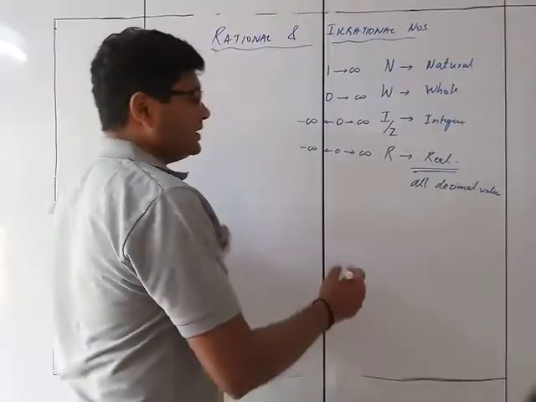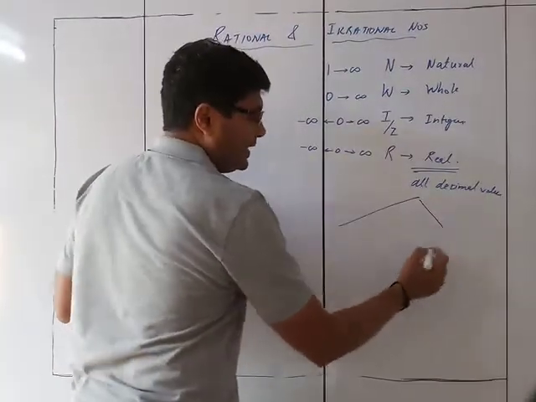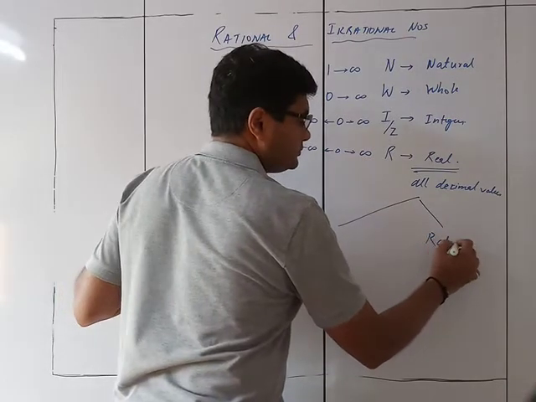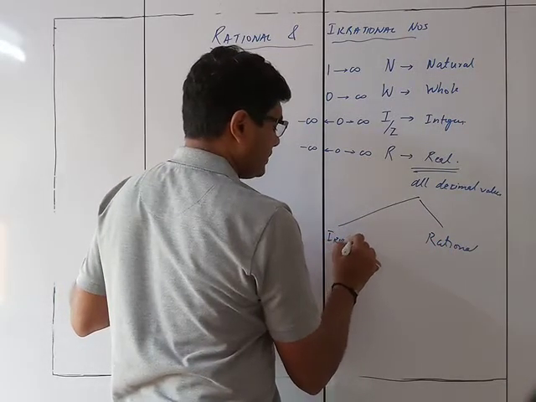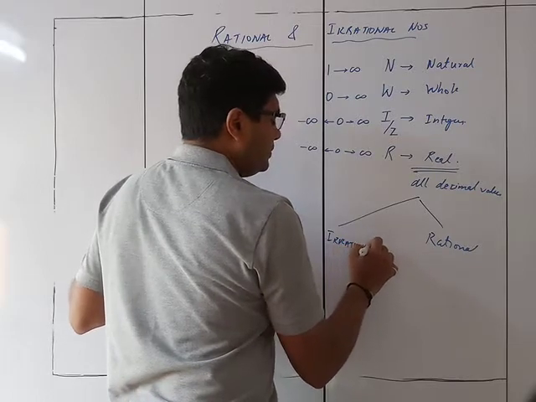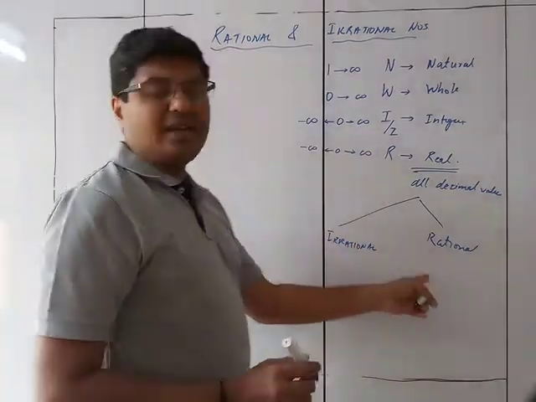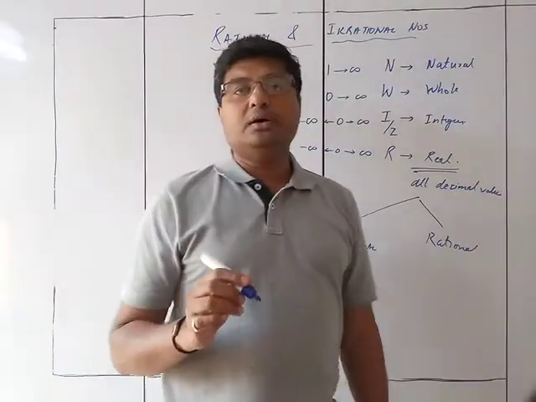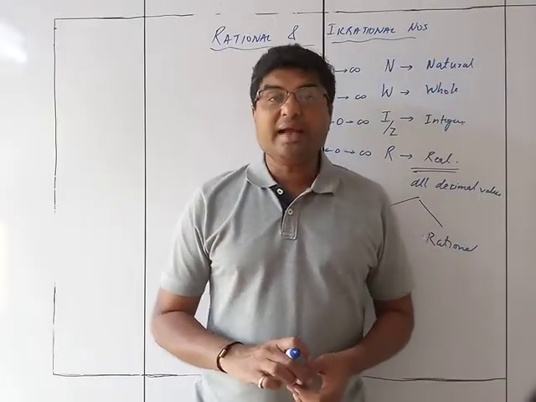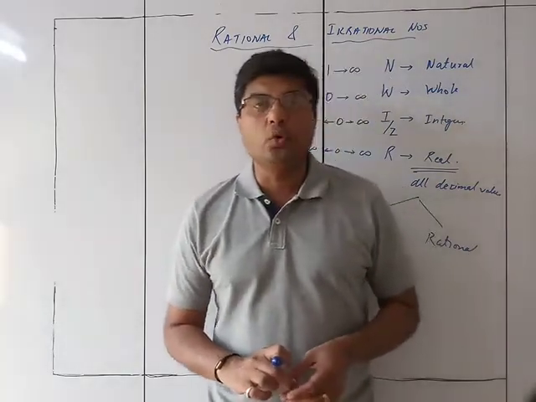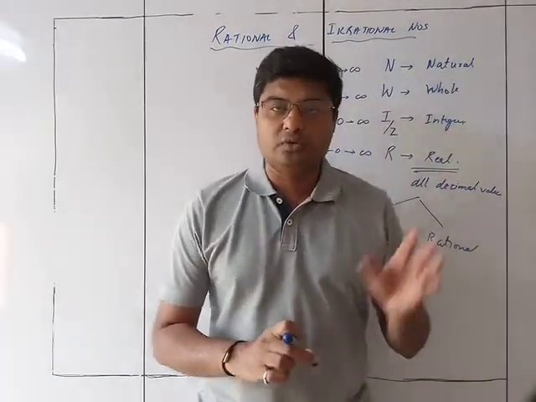These real numbers are divided into 2 parts. One is rational and the other is irrational. A rational number is a number which comes from a fraction.